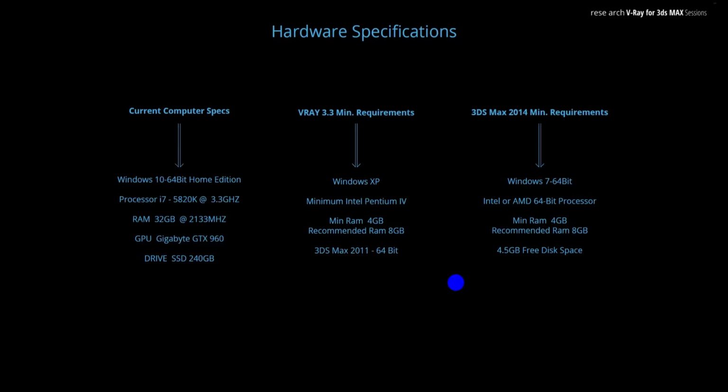So pretty much what you need to know at the beginning is that V-Ray is a core-based engine. What this means is that the biggest importance is put on your cores, so on your CPU.